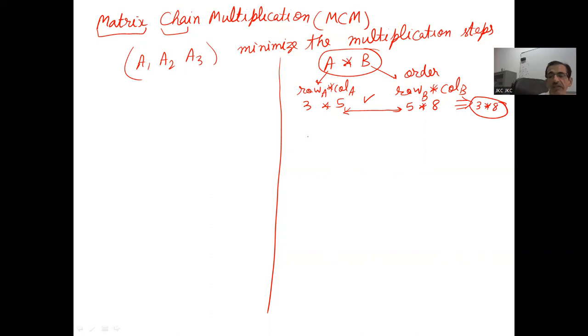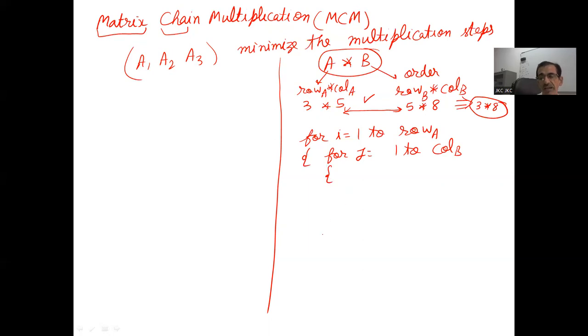If I have to implement this, the normal logic is that I use for i equal to 1 to row A, this is going to be the i element. Similarly, for j equal to 1 to column B, so that the final result will be generated via this.